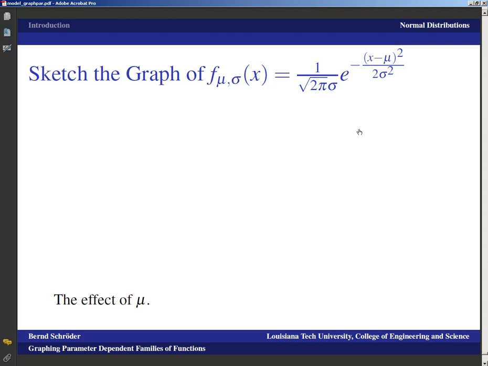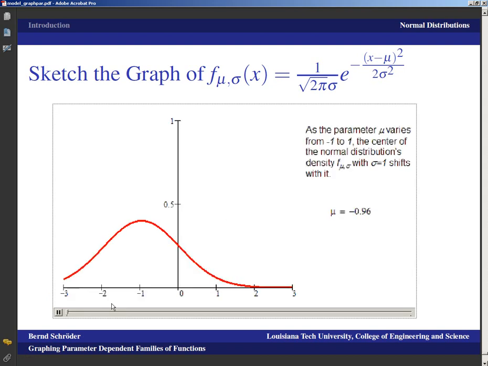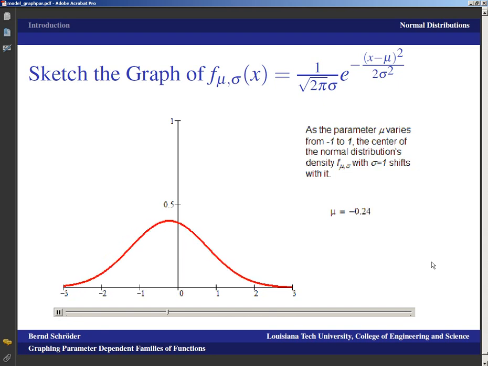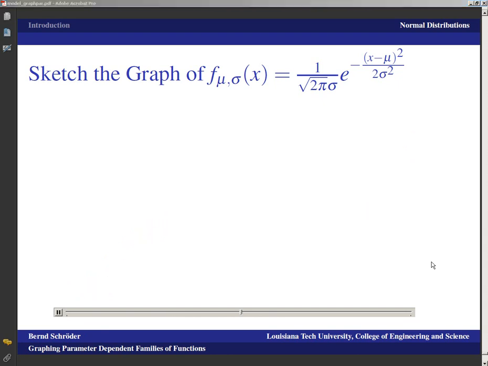We remember that mu just is basically what shifts the whole distribution from left to right, and that's exactly what is happening here. As the parameter mu varies, the shape stays the same. I kept the sigma at 1, and other than that, the whole shape just translates left to right as mu increases, which is something that we knew from our discussion.